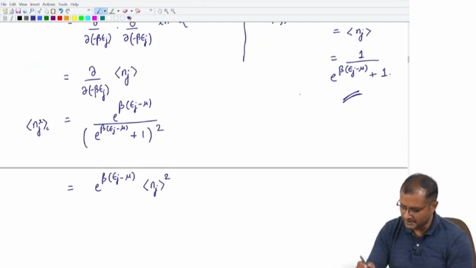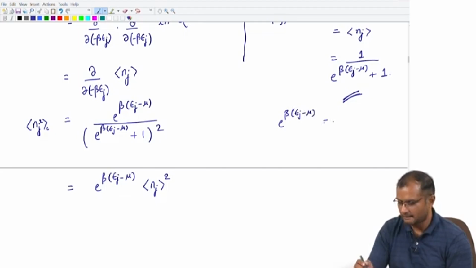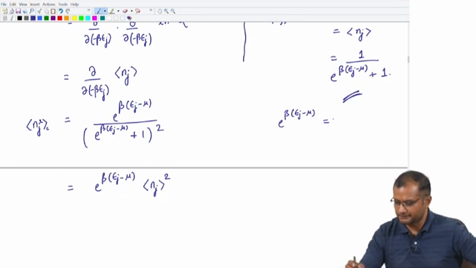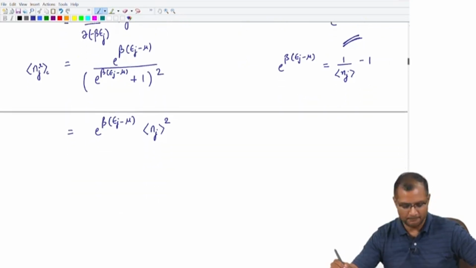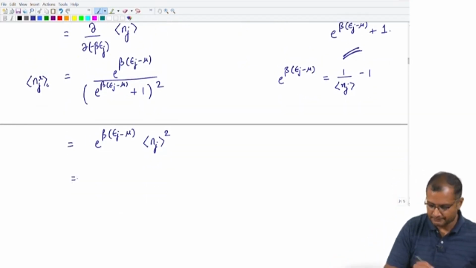But I can also replace the exponential e to the power beta E j minus mu, which I can write as 1 upon N j minus 1. So, let me write it here.